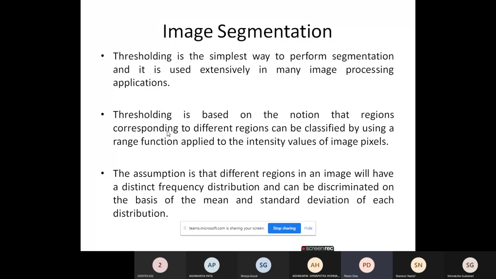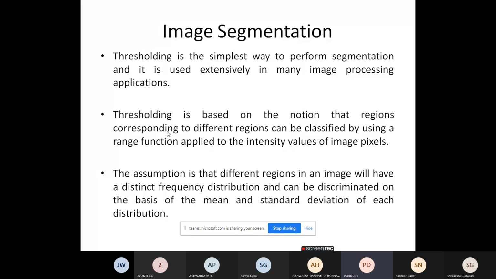And assumptions, as we have discussed, basically two assumptions are there. We have different intensity values existing in the image, and there will be a distribution of those intensity pixels. But technically, how are we going to segregate those intensity variations?